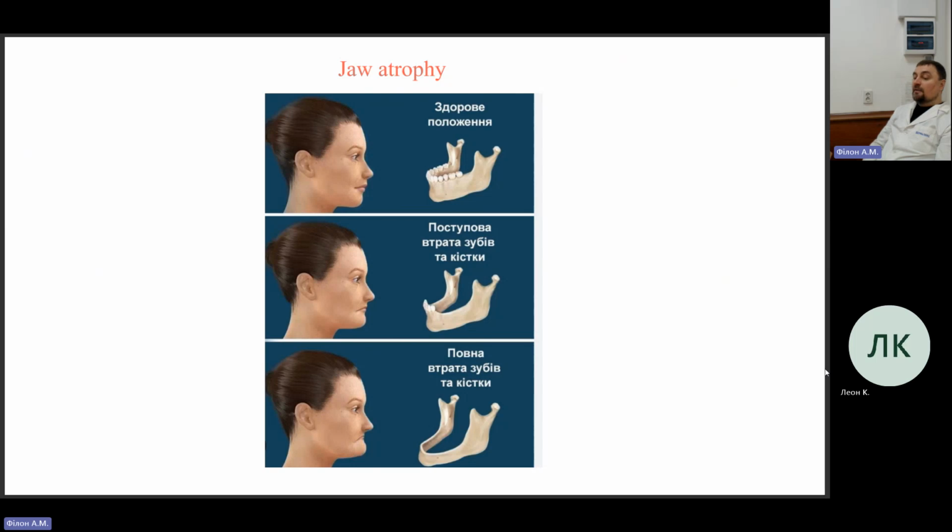It means the patient lost his molars and premolars, and maybe not only them. The level of this third part of the face became less, and it's adding years to the face of the patient. Even young people can look like old people, and it's a big aesthetic problem, which causes a lot of mental problems for the patient.